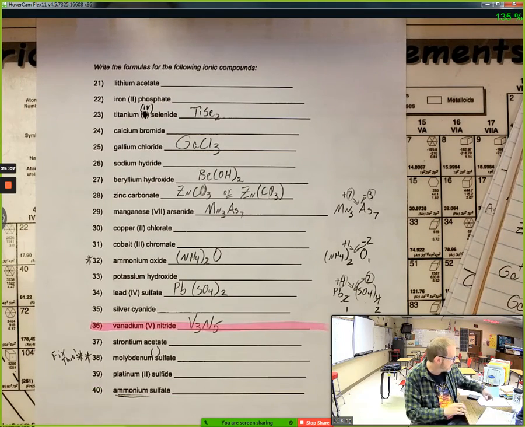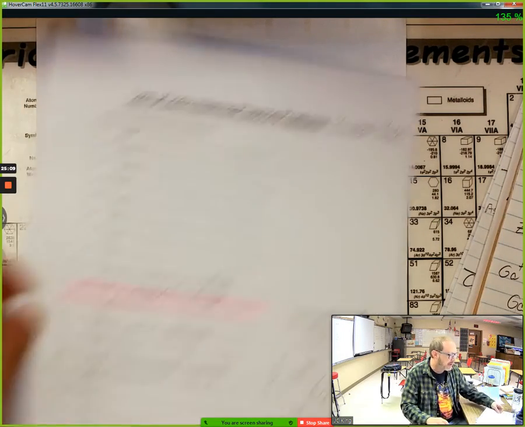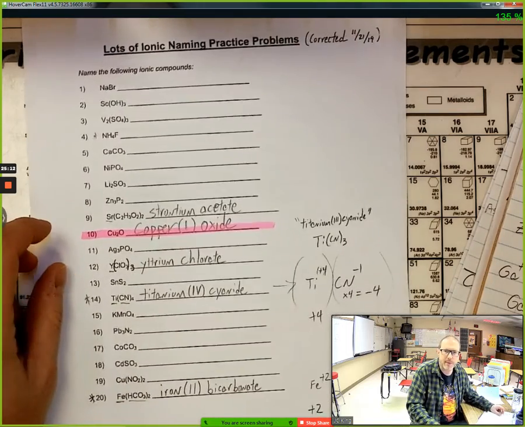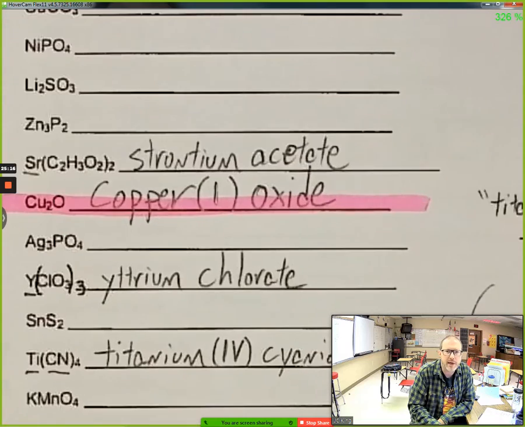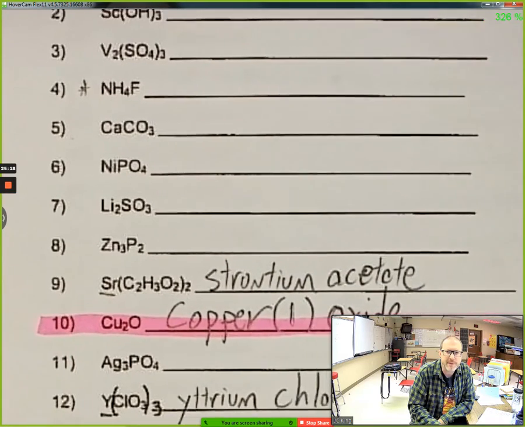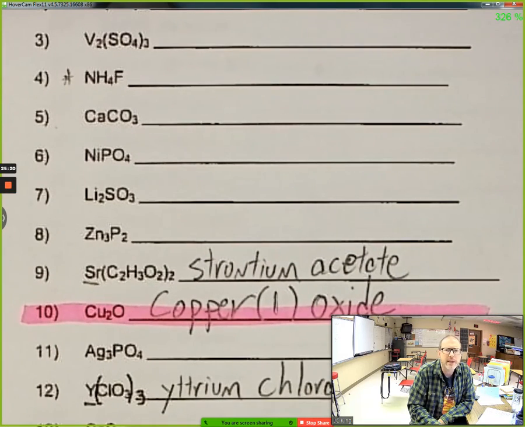If you look at some of the examples on the front side, some of them are in parentheses and some other ones are not. And the ones that are not, it's because there's only one of them. Like, look at number 7. Have we done number 7 yet? Let's do number 7 and I'll explain what I mean here. So I've got Li2SO3.